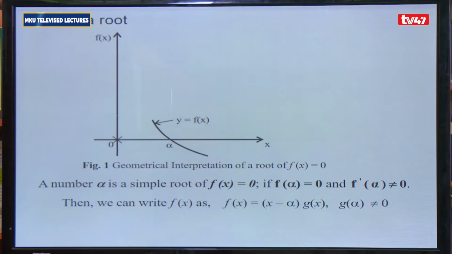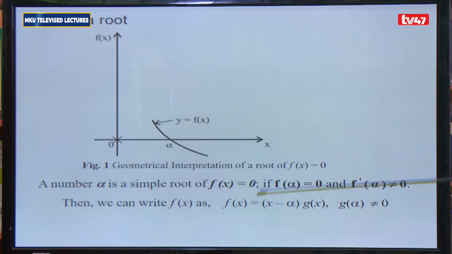When we refer to roots, what do we necessarily mean? A number alpha is a root of f(x) = 0 if f(alpha) = 0. That means the value of the function at the given value alpha is equal to 0, and the first derivative of f at alpha is not equal to 0.